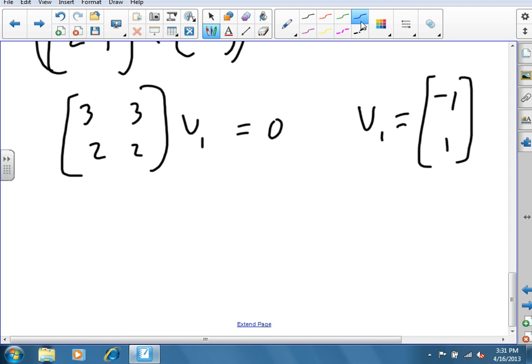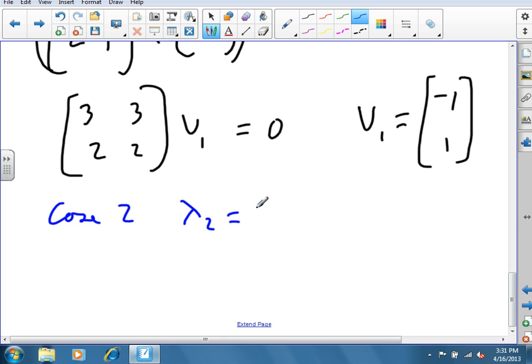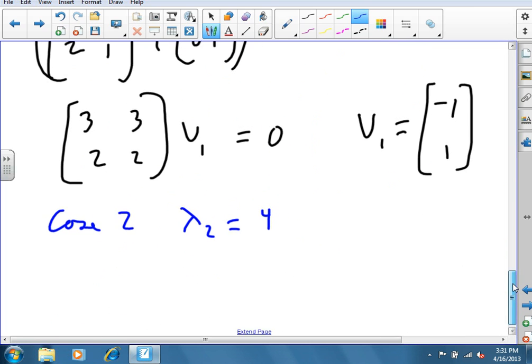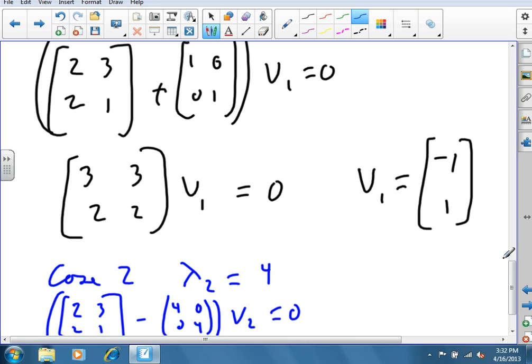Okay, now I'm taking the second case, case 2. Lambda 2 is equal to, and I forgot what it's equal to already, 4. Okay, so lambda 2 is equal to 4. So I'm going to take [2, 3; 2, 1] minus [4, 0; 0, 4], multiply it by V2, and I'm going to get 0.